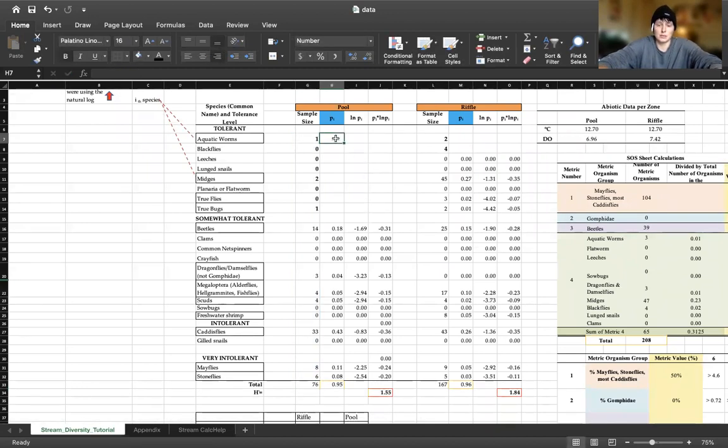So to get p sub i, you're going to take the sample size and divide it by that total. When you have 0, it's going to be 0. Sample size divided by the total is going to give you your p sub i, or your species evenness for the ith species.